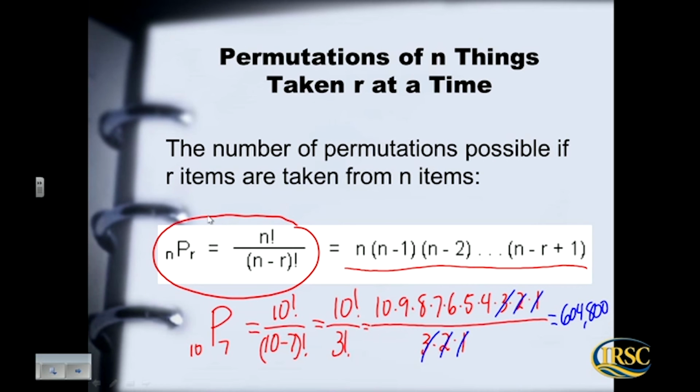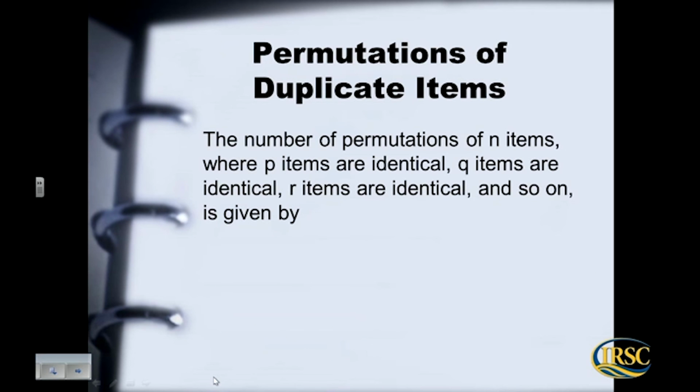All right, let's say that some of your items are identical. The number of permutations of n items where p items are identical, q items are identical, and r items are identical. Let's just say that you had a deck of cards, but they're not standard cards.